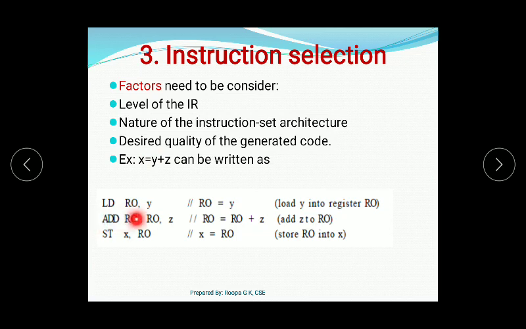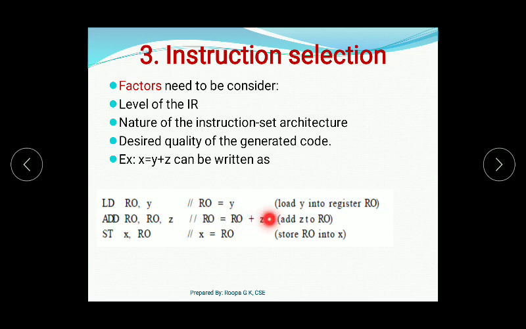So ADD R0, Z. This instruction performs addition. How exactly does it perform? R0 has the value of y and Z is in the accumulator itself. So the accumulator adds the contents of R0 with the contents of Z. So y + z is added and the result will be stored in R0.